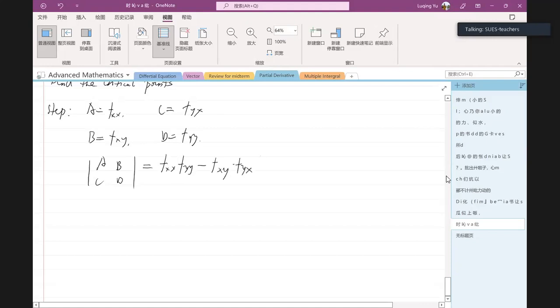So we have to make sure that this function, or this expression, is larger than 0. And then if a is larger than 0, everything is going to increase. So that is the local minimum. When a is less than 0, that will be a local maximum.